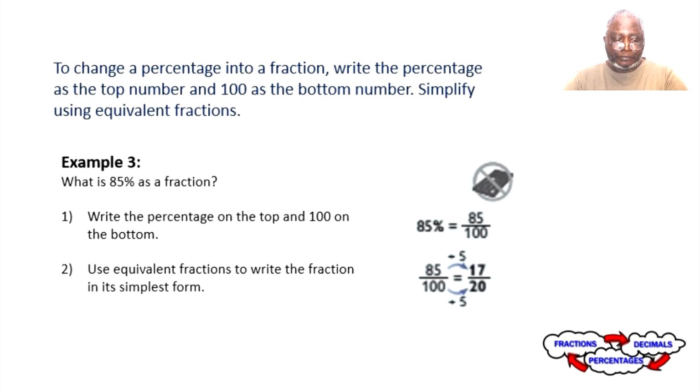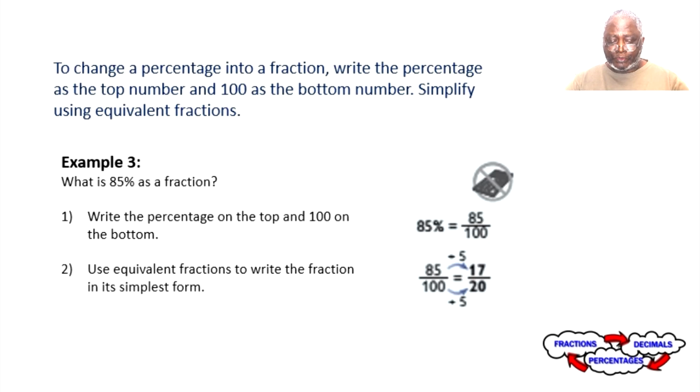Example 3. What is 85% as a fraction? Try not to use your calculator. First, write the percentage on the top and 100 on the bottom. So 85% is the same as 85 over 100.